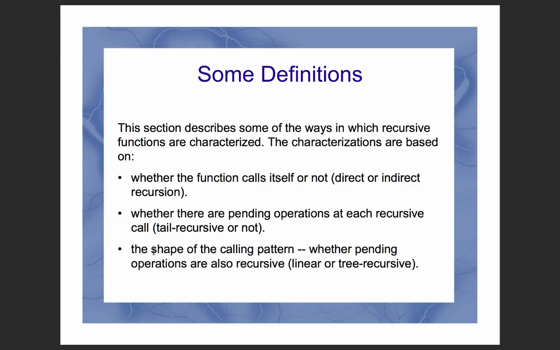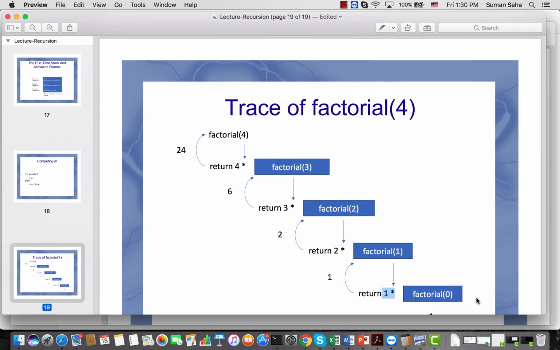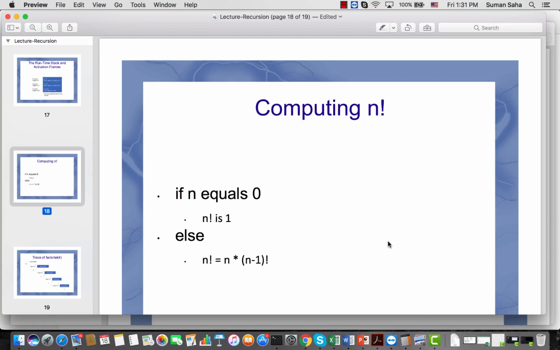Only one recursive call in the recursive portion basically creates a linear recursion. For example, in the previous example, you can see there is only one recursive call in the recursive part.